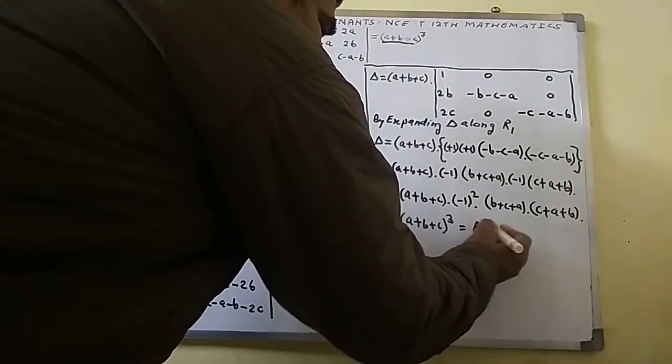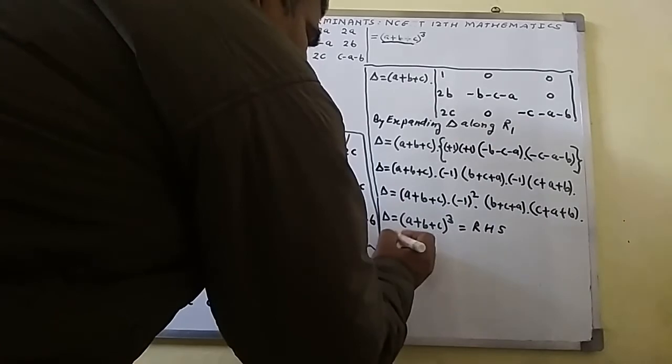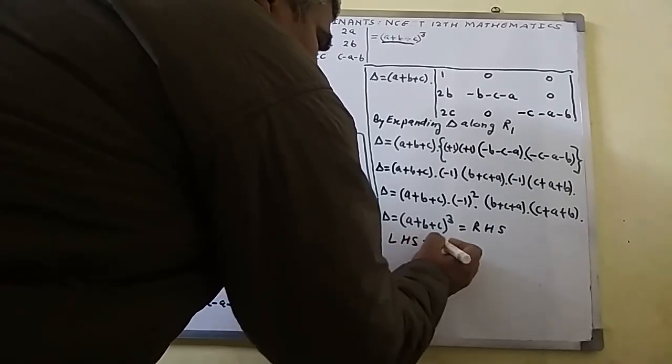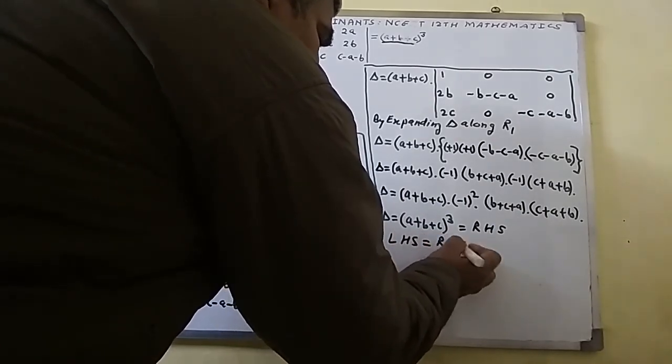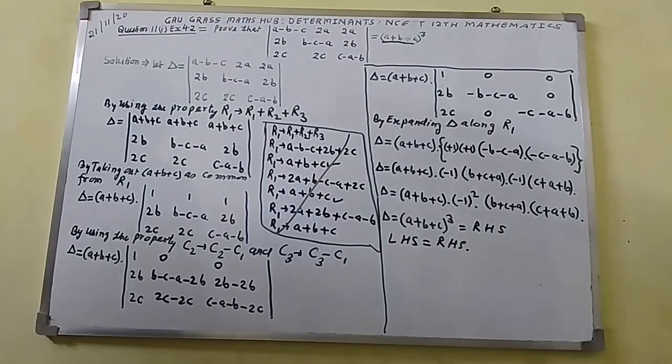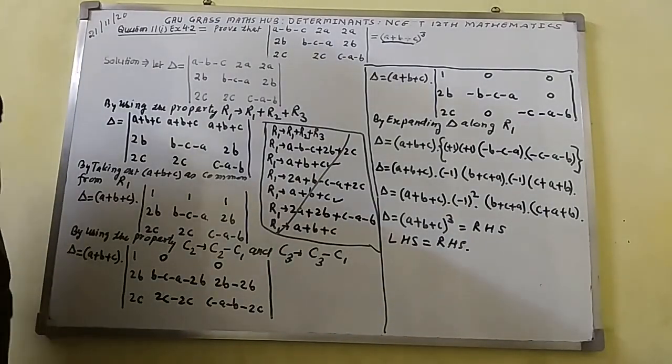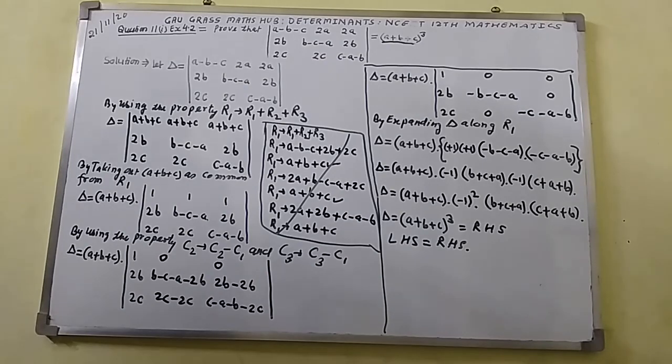So here you can write equal to RHS. Here I have proved LHS equal to RHS. This is the proper solution and explanation of question number 1, exercise 4.2, chapter 4.